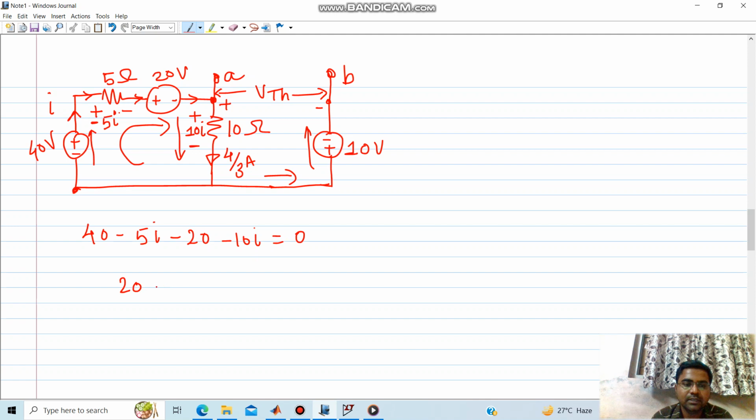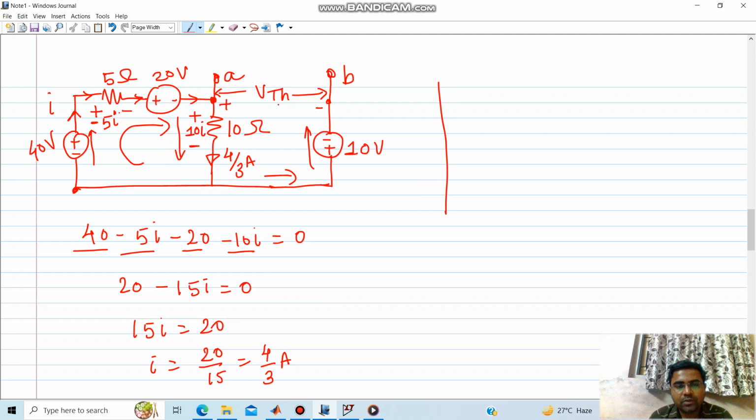So 40 minus 20 means 20, and 5 and 10 give minus 15I equal to 0. So 15I is equal to 20, so I is equal to 20 over 15, so 4 over 3 ampere.